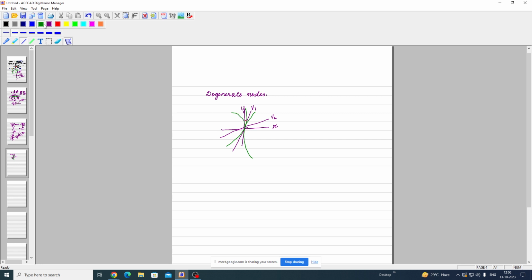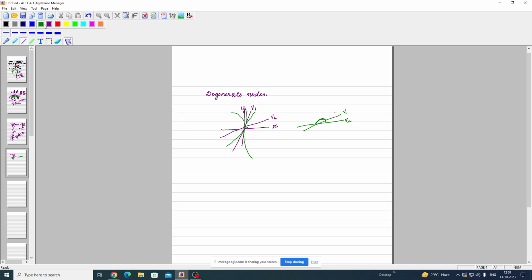Now what happens when v1 and v2 start coming very close to each other? Now v1 is still the slower one, but v1 and v2 have become very close. The angle between them is reducing. If you look at this angle, it's becoming flat, becoming 180, and this one is becoming 0.